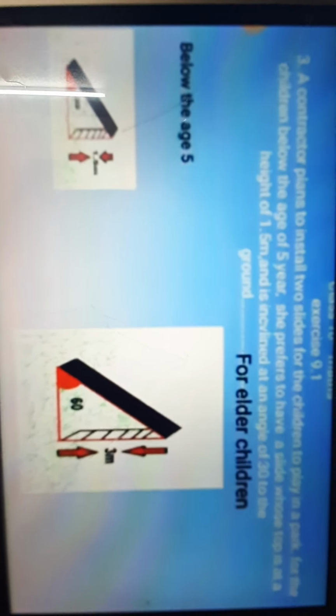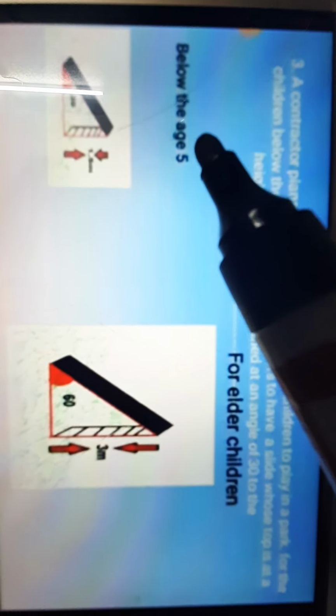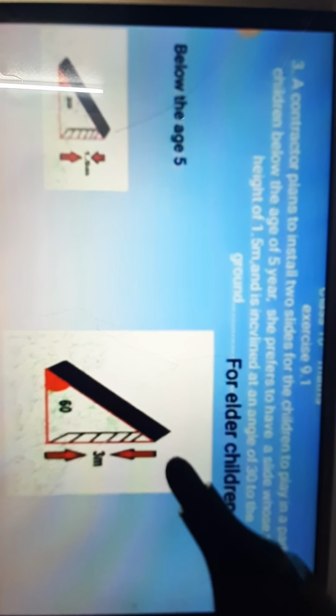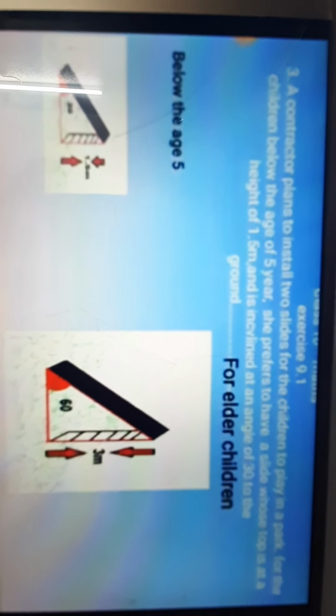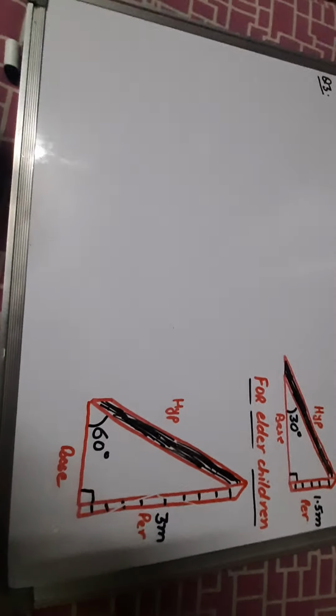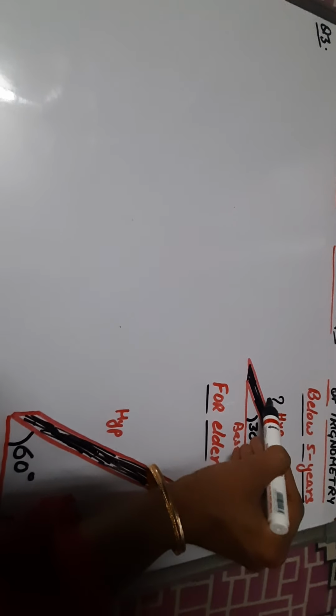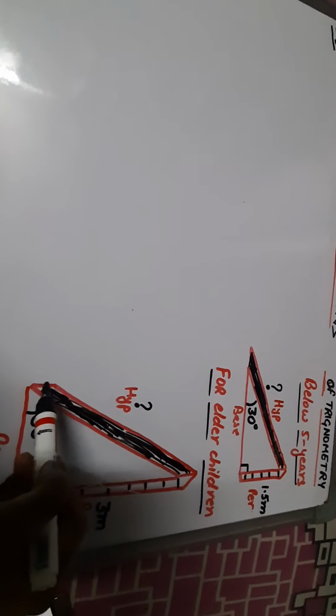So here you can see the picture also. This is a slide and this is a slide. This is a slide for the children below the age of 5 years, and this is the steep slide for the elder children. Now what we have to do, we need to find out the length of the slide in each case. So this is the slide.